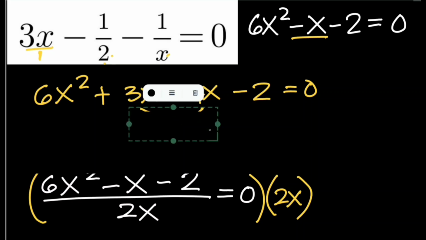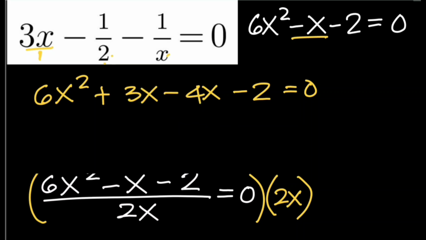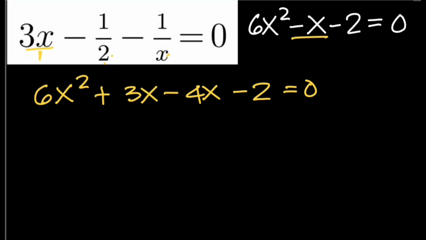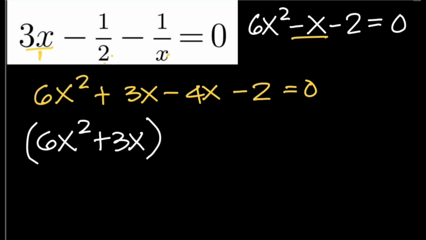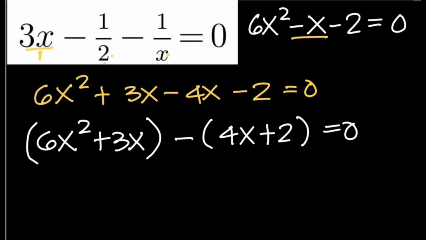Then we can group 6x squared and 3x as well as 4x and 2. So 6x squared plus 3x, minus, we put the negative sign outside, then we group 4x, this would become 4x plus 2 equals 0.